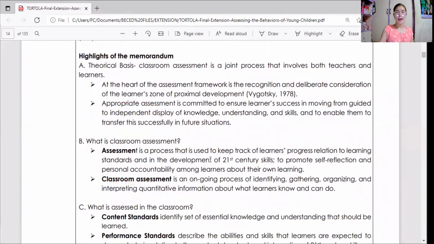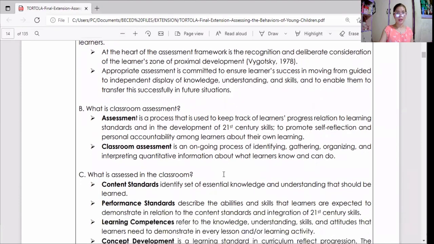It is defined as a process that is used to keep track of the learner's progress in relation to the learning standards, and in the development of 21st century skills, to promote self-reflection and personal accountability among learners about their own learning. Okay, here.